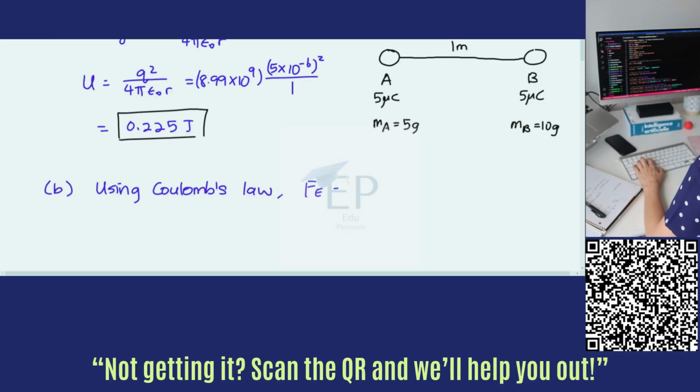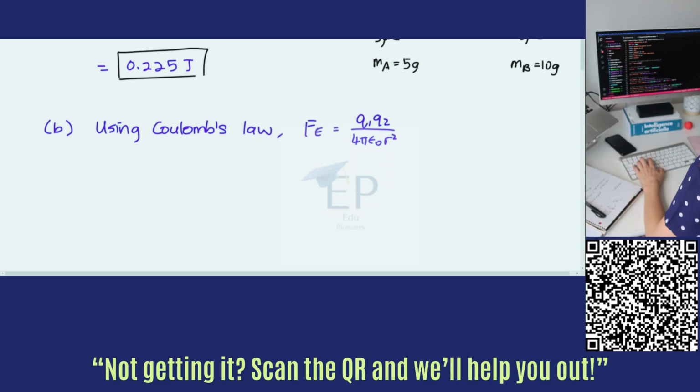The electrostatic force is Q1 Q2 divided by 4 pi epsilon naught R squared, and by Newton's second law, F net equals ma.